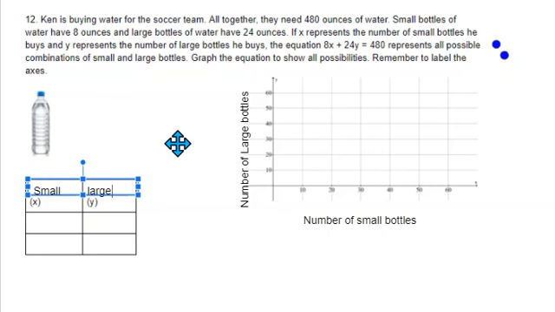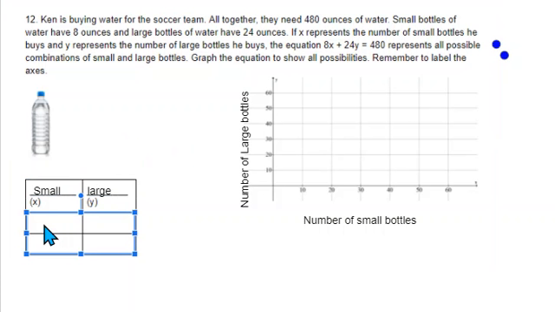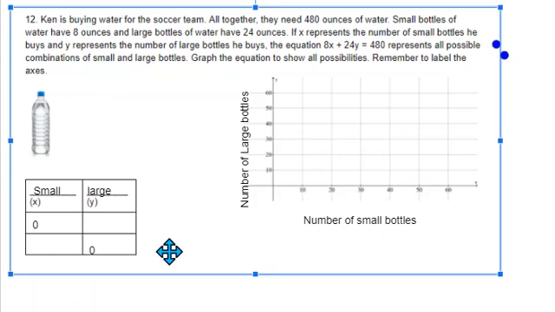All right, now I'm remembering from the other problems that I had a 0 in the X, and then in the second row, I had a 0 for the y. So I start by substituting 0 for the x.